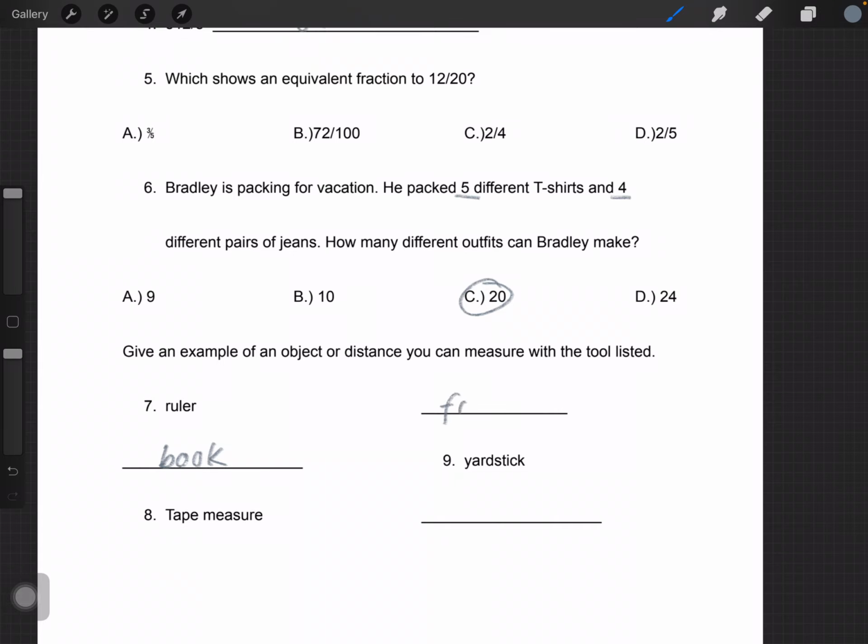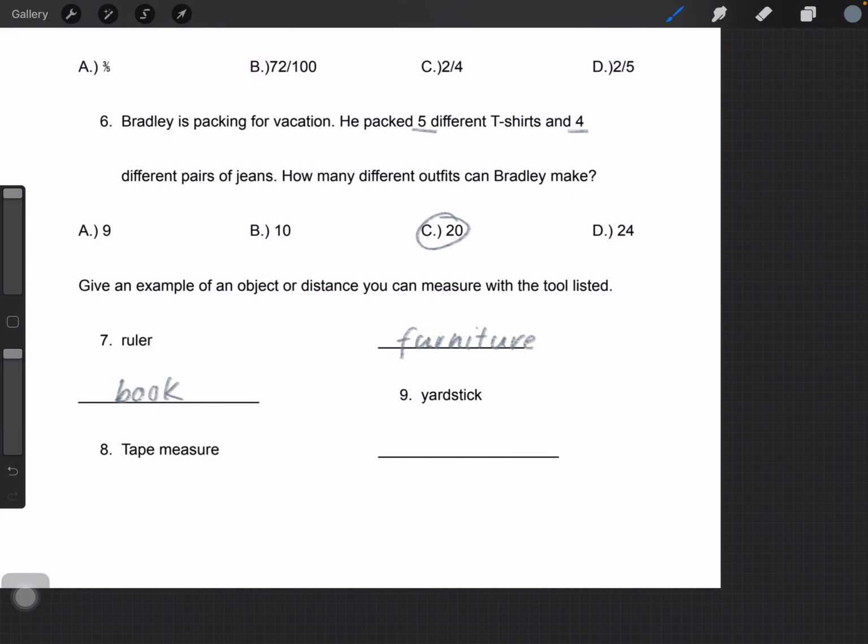Actually, the line is up here, confusing. And a yardstick, which is a lot wider, I think you can probably measure something a little bit bigger, like a desk, which is furniture as well. But since a tape measure goes a little longer, I think it's more flexible, but a desk is about the length of a yardstick.